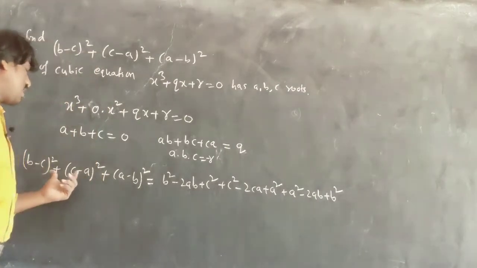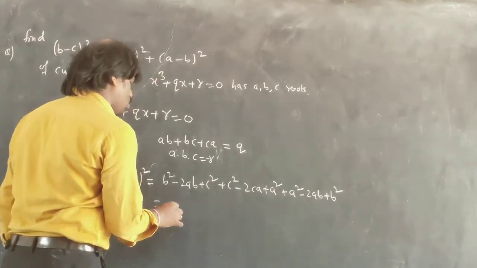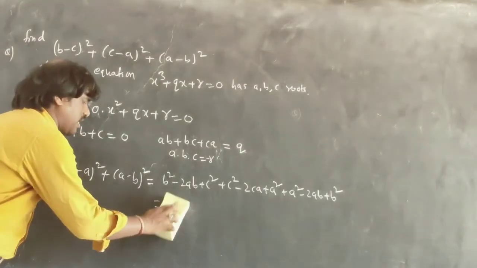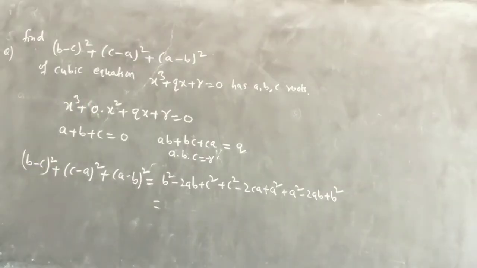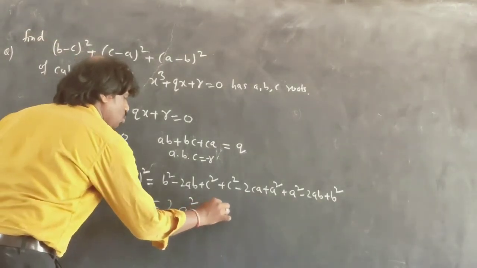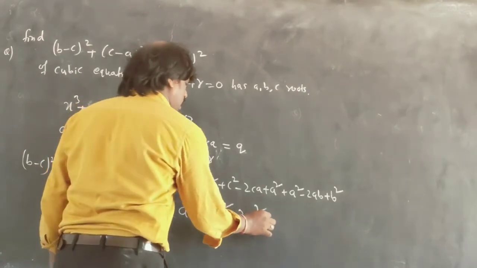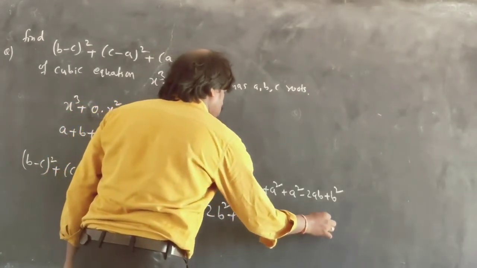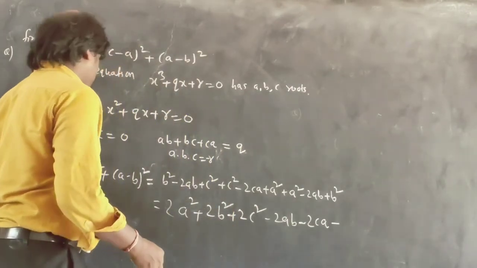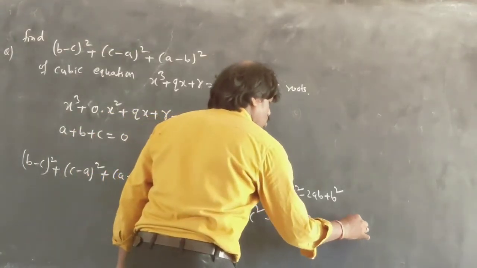If you add these all, a square plus a square is 2a square, and similarly 2b square and 2c square. So I am getting 2a square plus 2b square plus 2c square, minus 2ab minus 2ca minus 2bc.